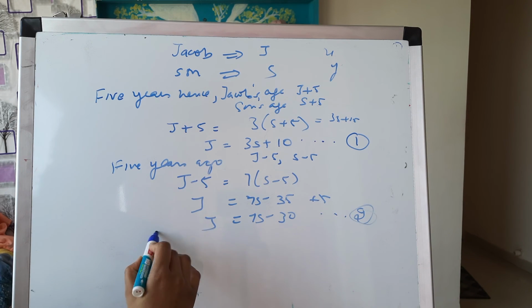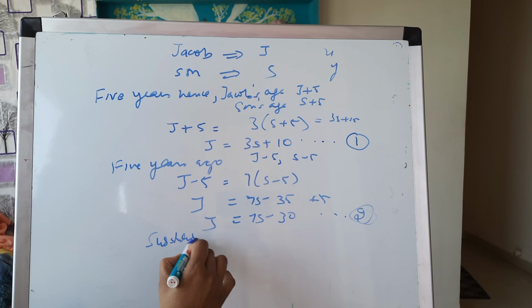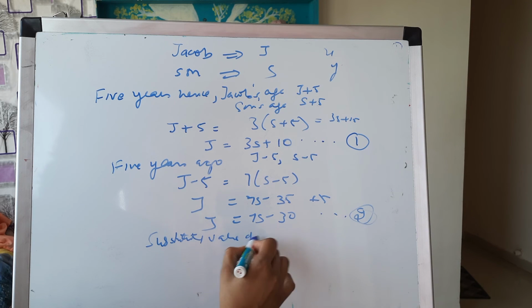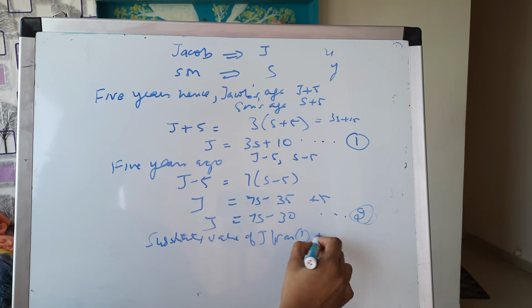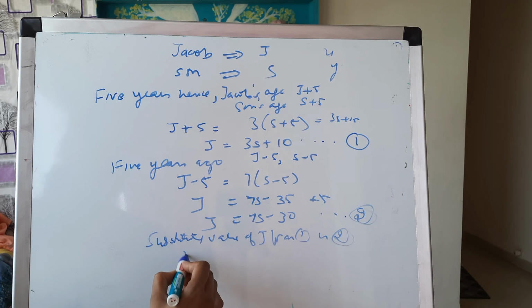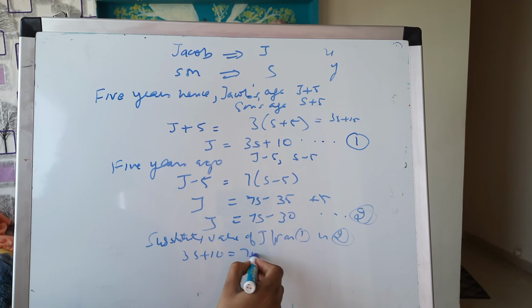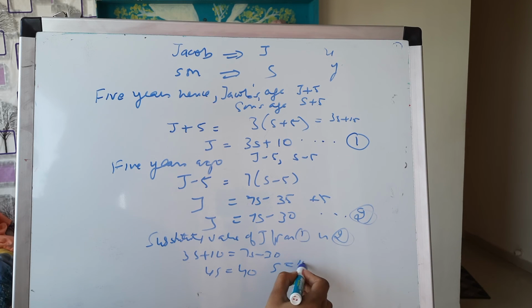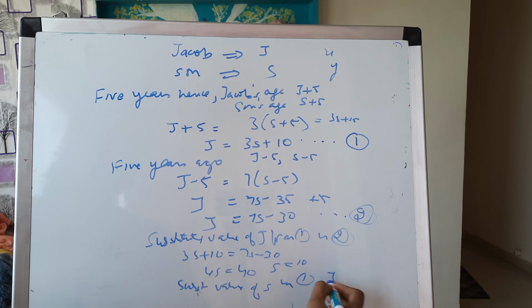Now you say substituting the value of J from 1, 3s plus 10 is equal to 7s minus 30, 4s is equal to 40, s is equal to 10. So substituting the value of s in 1, J is equal to 3 into 10 plus 10, equal to 40.